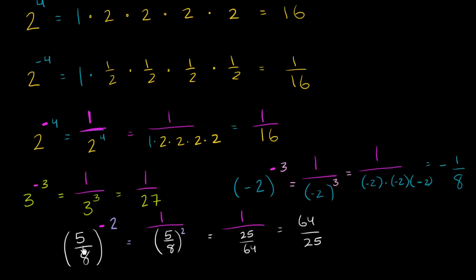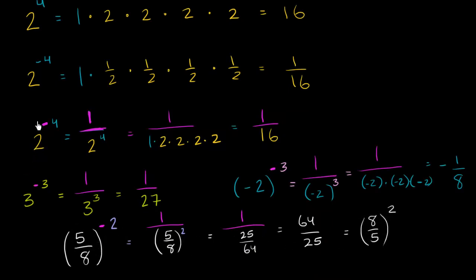So another way to think about it is, you're going to take the reciprocal of this and raise it to the positive exponent. So 5/8 to the negative 2 power, let me just take the reciprocal of this, 8/5, and raise it to the positive 2 power. So all of these statements are equivalent.